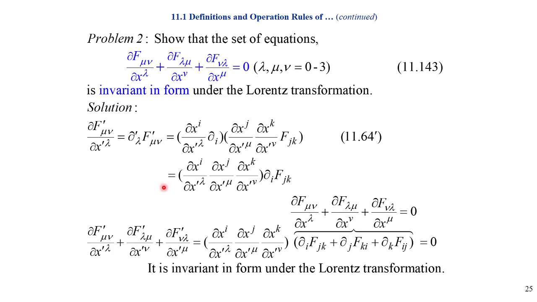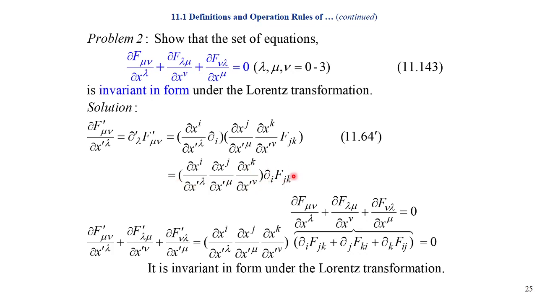Okay, how to do that? We just write it down again. For this one, we need 3 Lorentz transformations. Use the property we learned before. 3 Lorentz transformations, 1, 2, 3, transforming from prime to unprime.